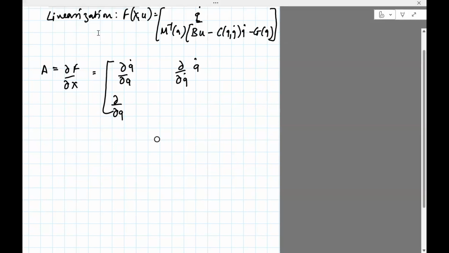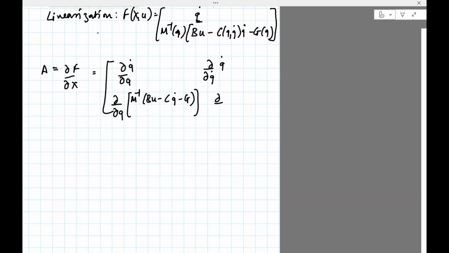Maybe I should just write it down. Okay, so we have, I'm going to skip what is inside this bracket just to make it short. C q dot minus G, and then d/dq dot of M inverse B u minus C minus G.